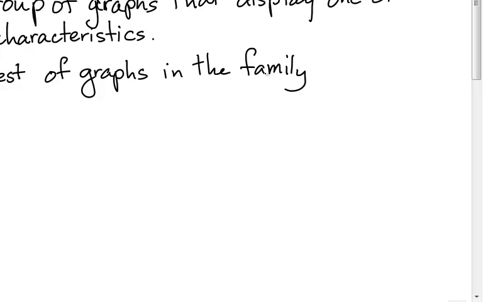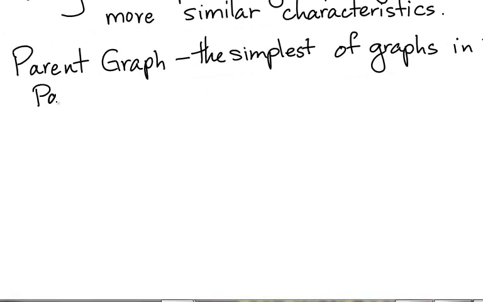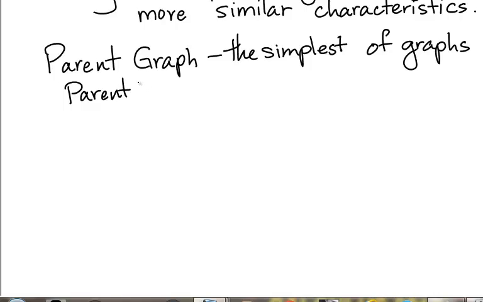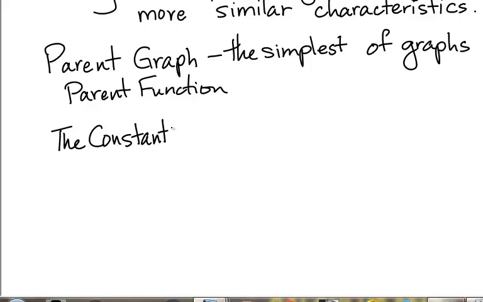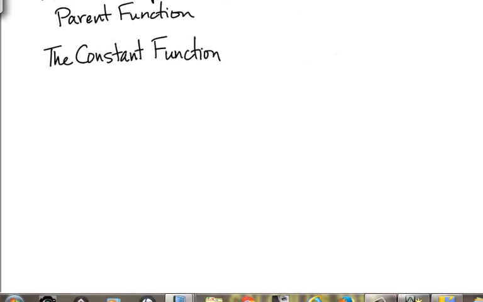Okay, the author also calls that a parent function. If it is a function, it has to pass the vertical line test. We are going to look at basically 4 of those parent functions. The first one is called the constant function, and you have already worked with it even today. A constant is like a number.